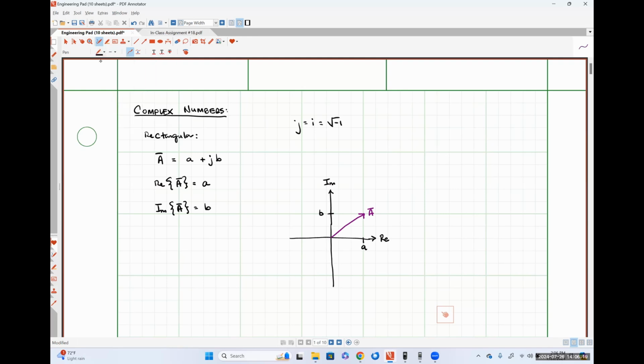So any questions about rectangular form complex numbers before we move on to exponential form complex numbers? If you have any questions, please ask, because we're going to be using these weird new numbers for the rest of the class. So it's fundamentally important that you understand what's going on here.